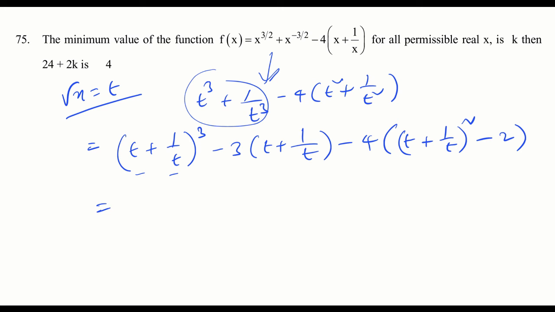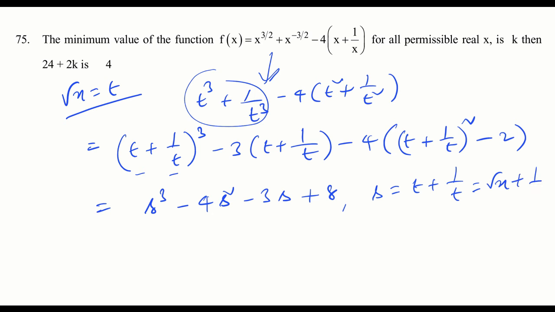So if I call t + 1/t as s, I'll have s³ − 4s² − 3s + 8, where s is nothing but t + 1/t, and where t is nothing but root x. It is positive in this case, therefore the minimum value of s is 2. That means s is greater than or equal to 2.